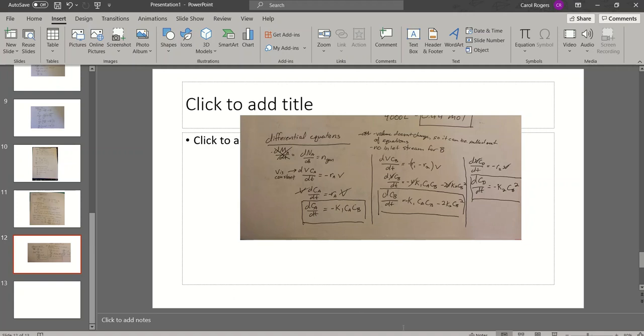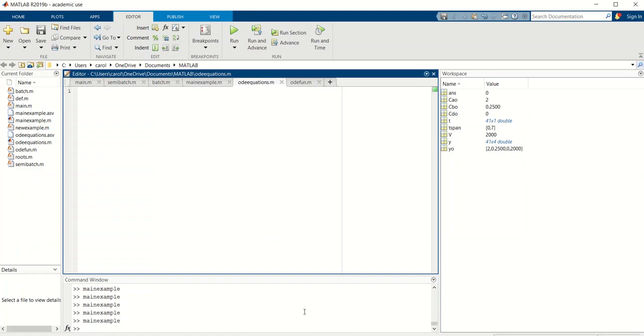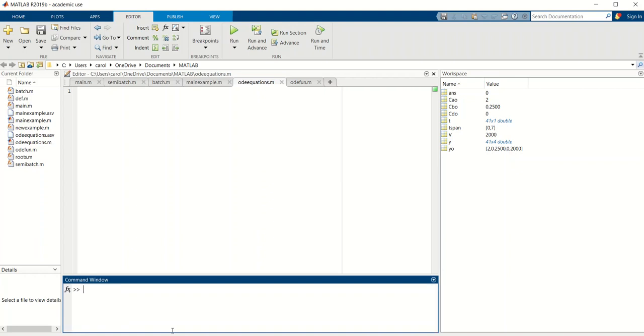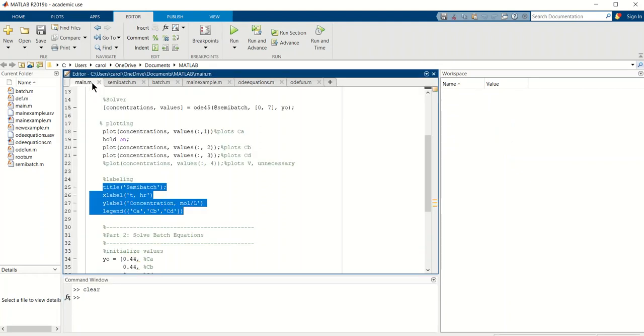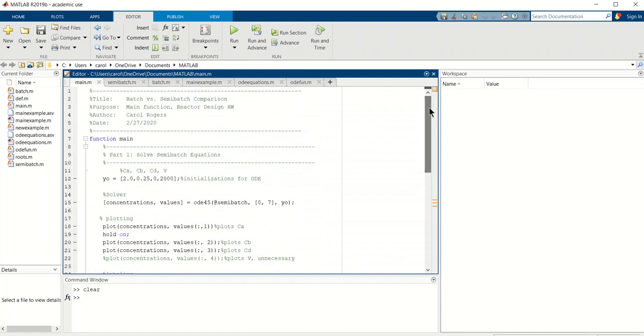So now we're going to go over to MATLAB. With any MATLAB program that I have, I always start with clc and clear. I always start by labeling my file.